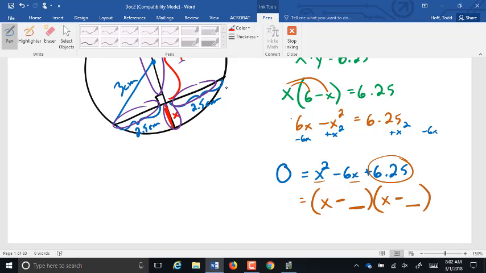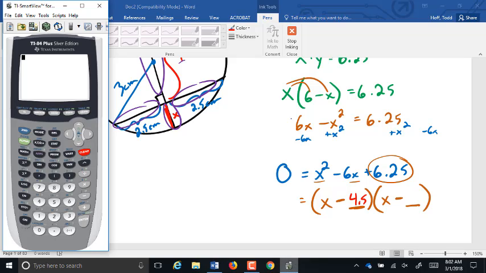So let's try like 5 and 1.25. That doesn't quite add up to the negative 6, does it? So that means I've got to come up with something that's smaller on one of them. How about 4.5? What's 6.25 divided by 4.5? 1.38, that's not going to be big enough, right?